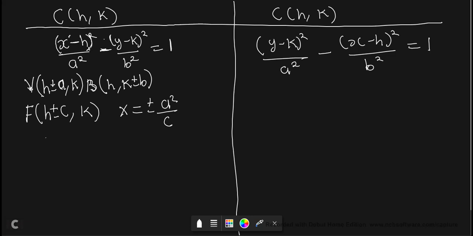So the equation of the asymptote will be y minus k equal to b over a, positive, times x minus h, like that.